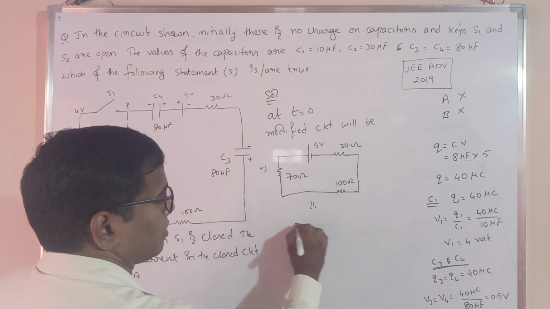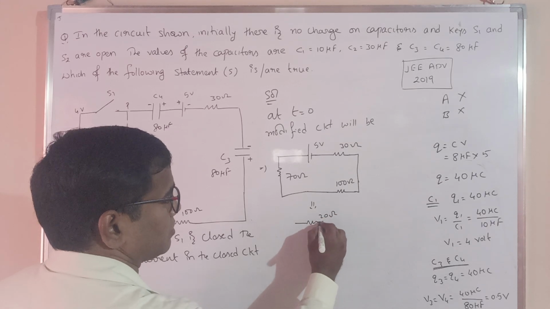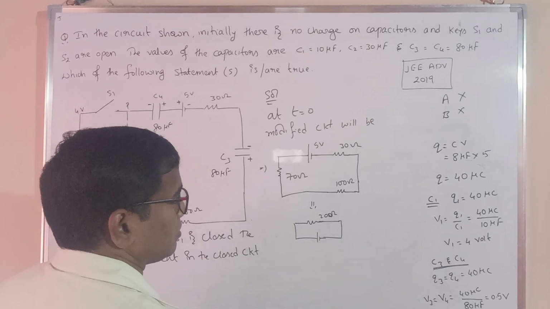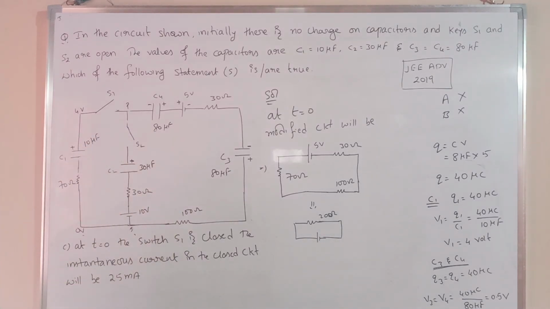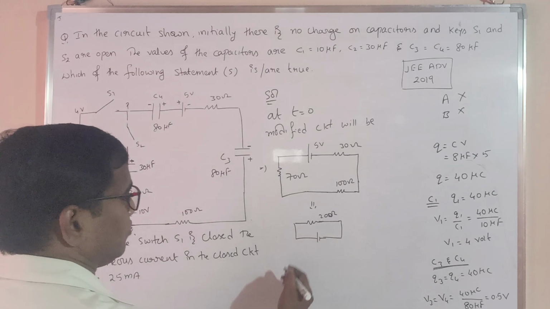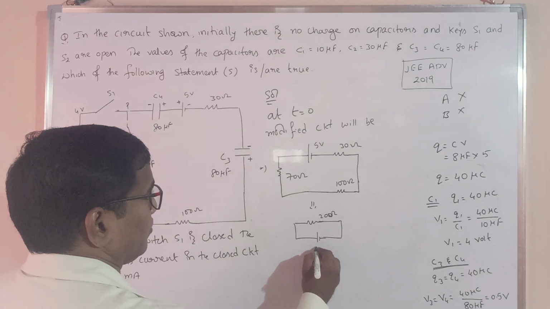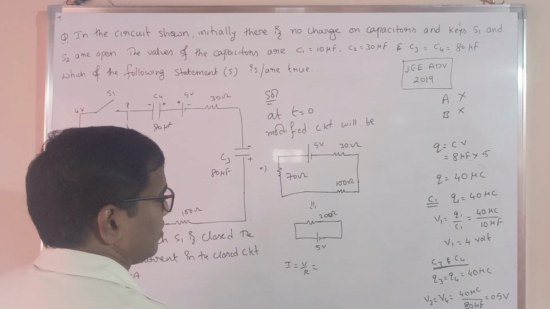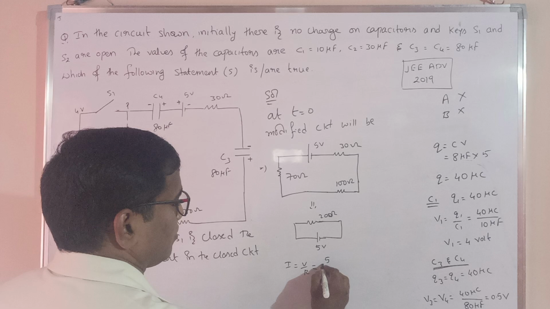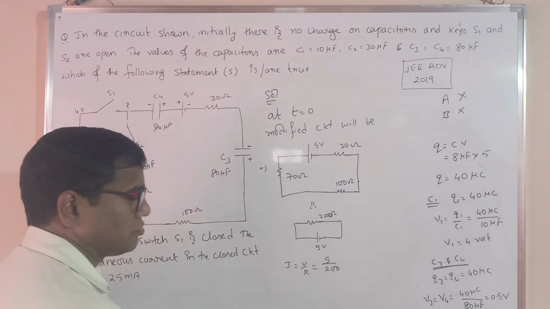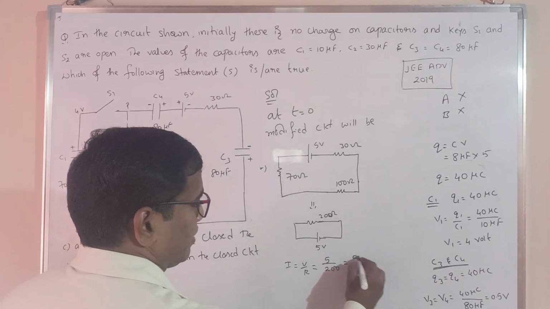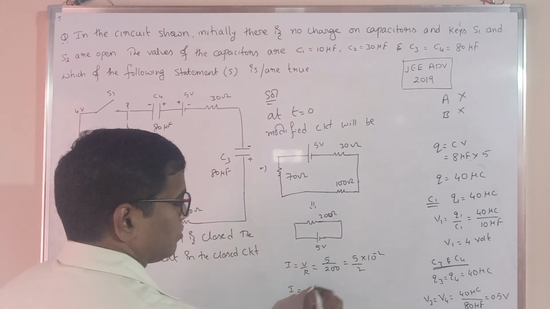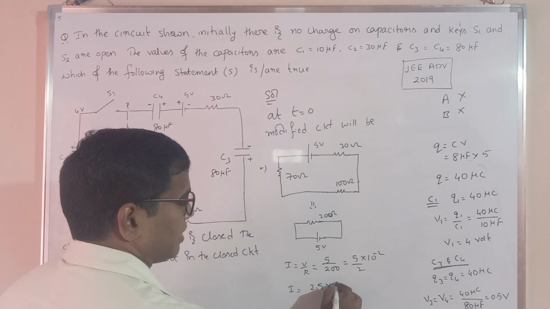Again modify. Total 200 ohms, and again 5 volt. I is equal to V by R, so 5 by 200. We can write 5 into 10 power minus 2 by 2. So I is equal to 2.5 into 10 power minus 2.